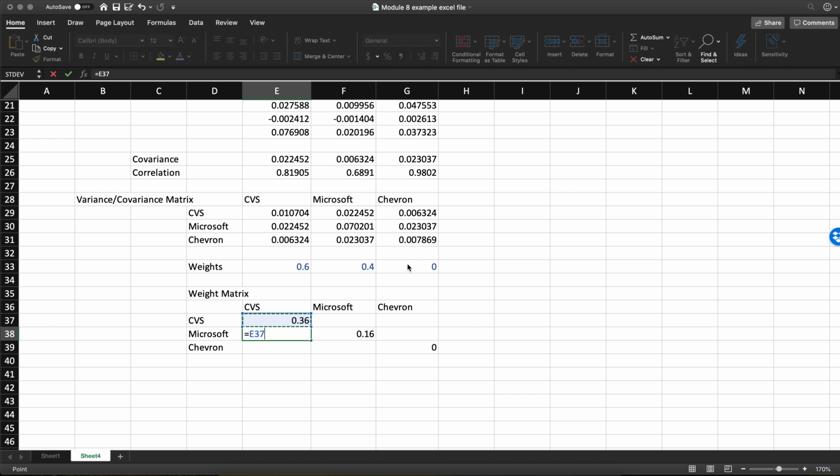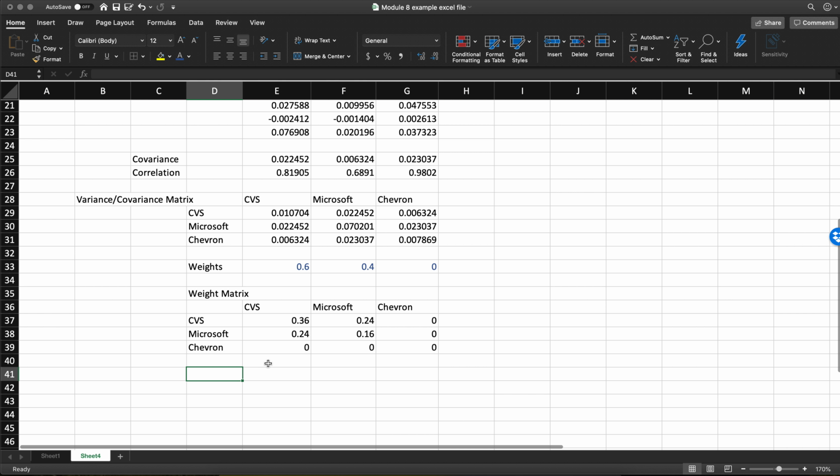Well, this weight is going to be that times that. Since it's a symmetric matrix, we can make that that. Chevron, the weight is 0, and CVS is that. 0.4 times 0. Okay, now we have the weight matrix.